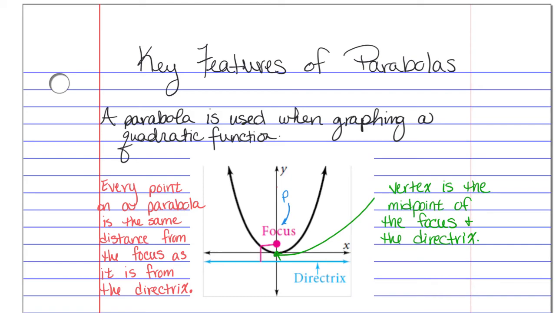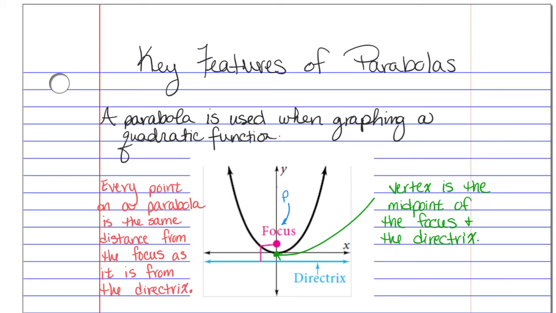with a parabola, you also have another key feature that is equidistant from the vertex, opposite of the focus, which is called the directrix. It is this line that we use to create our parabola.